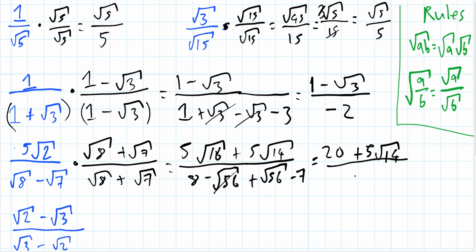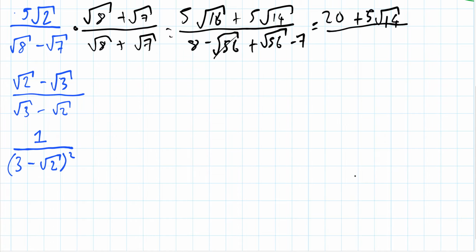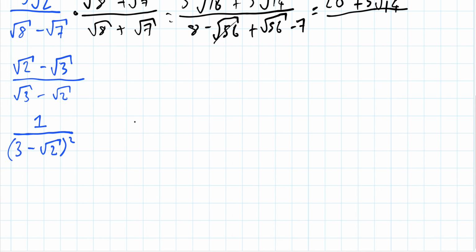Okay, so next up, the last two we're going to look at are exactly the same method. You just do the double brackets on the top and bottom. Let's quickly go through that. Square root 3 add square root 2 over square root 3 minus square root 2.